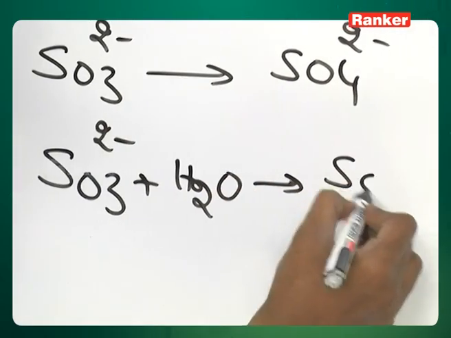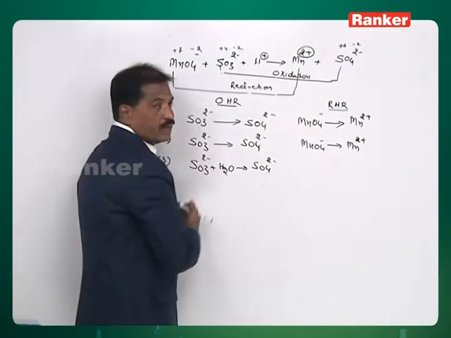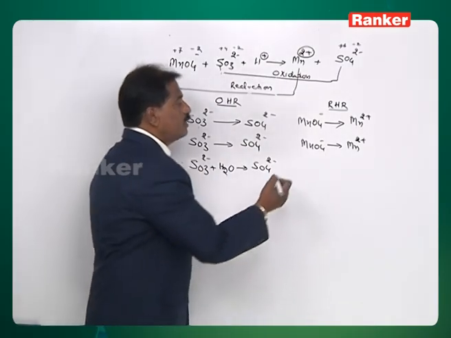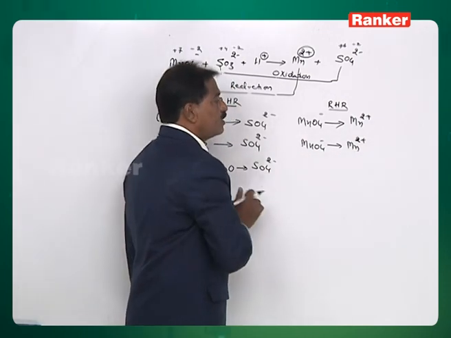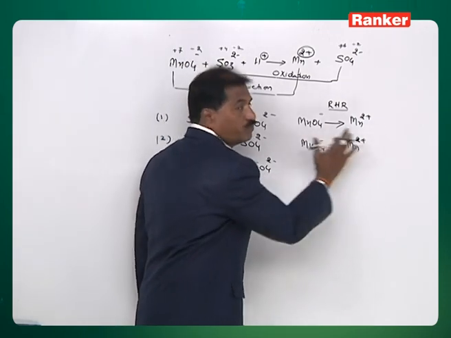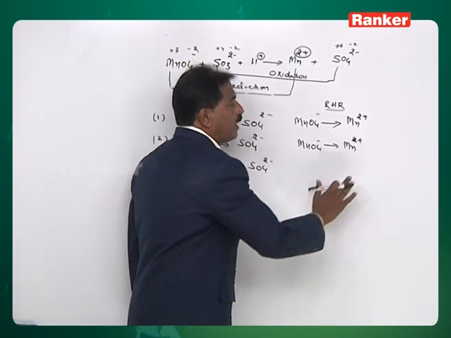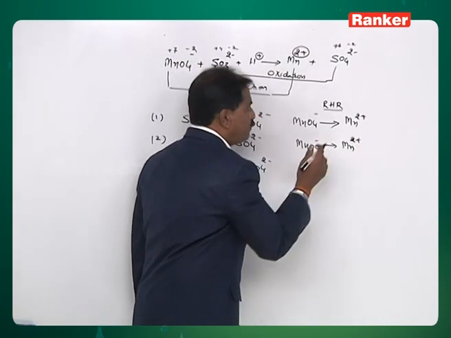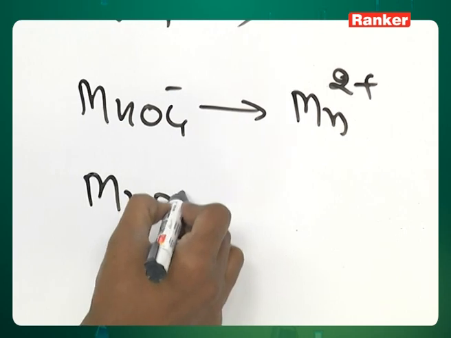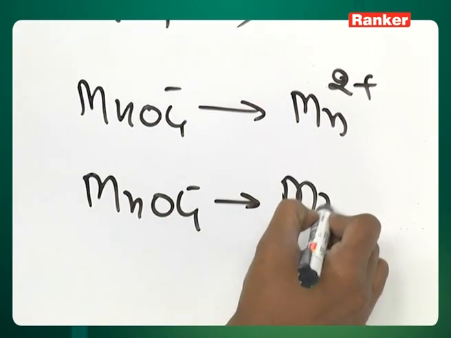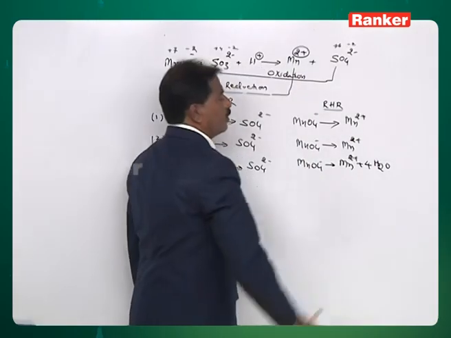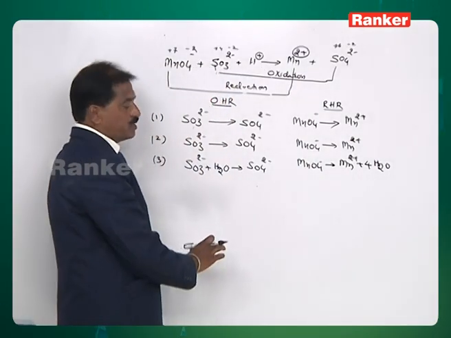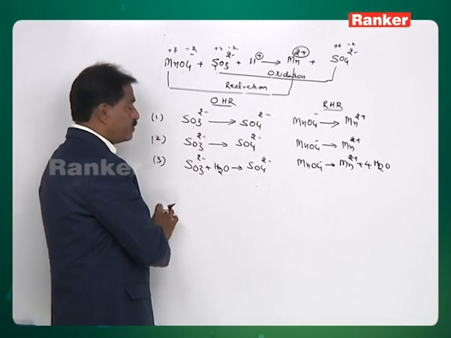Now SO4 2 minus. Similarly, here also one side 4 oxygens, the other side 0 oxygens. That means one side is deficient of 4 oxygens. Therefore, add 4 water molecules to the deficient side. So now in both the half reactions, we have balanced the oxygen atoms.